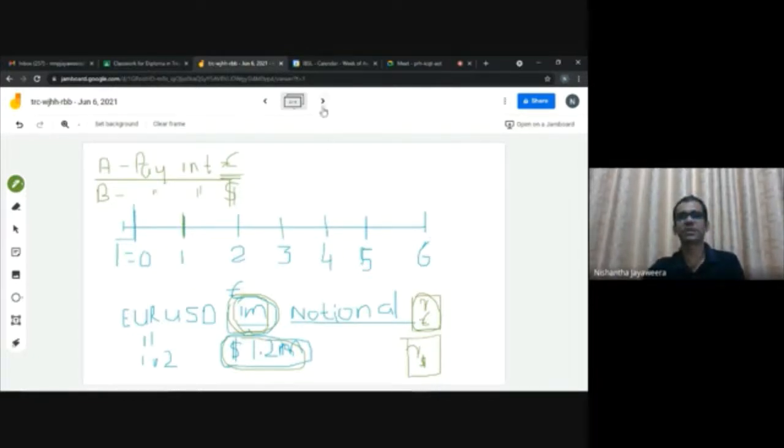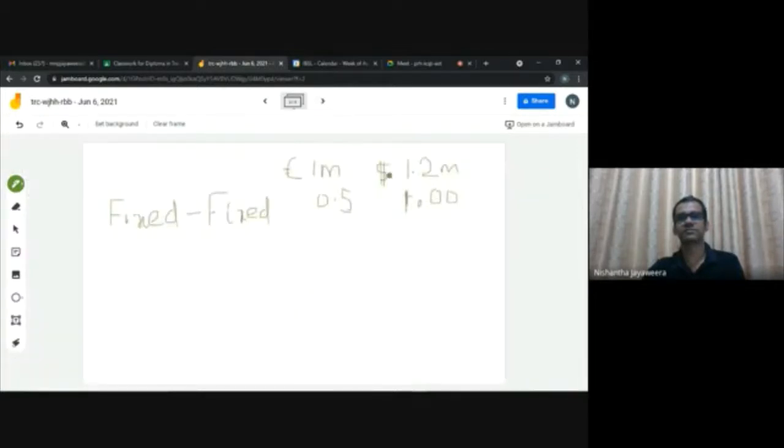What is the amount of cash flows? Now, I'm not going to discuss that because you know how to calculate interest.